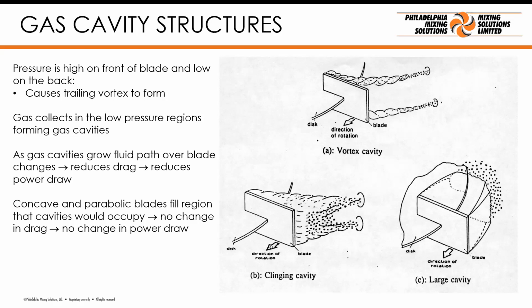If the drag reduces, the power required to drive the impeller through the liquid goes down. So the idea behind the half pipe, the concave blade and the parabolic blades is to fill this space where the cavity wants to form with metal.